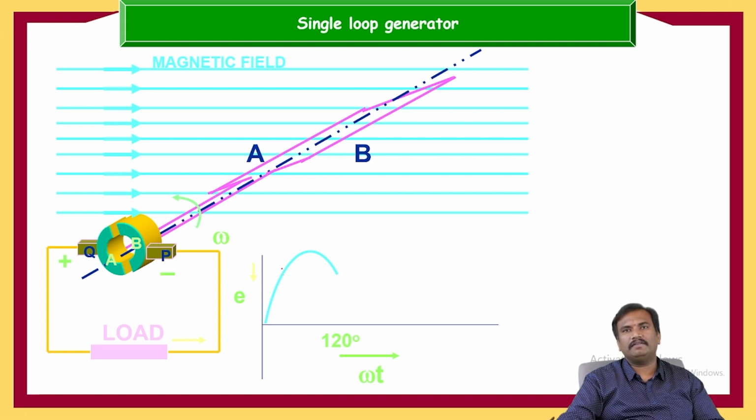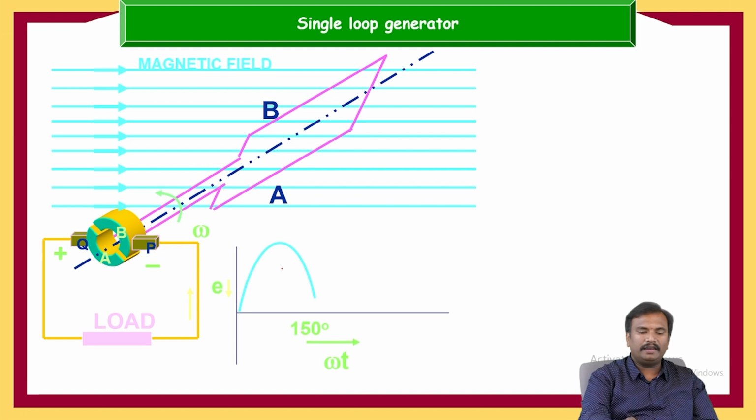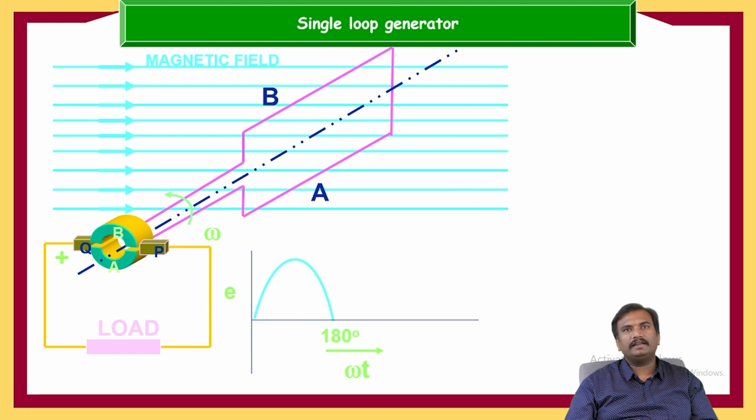When it rotates by 150 degrees, this is the same value as at 30 degrees. And at 180 degrees, the position is completely shifted, but we get 0 voltage, because the flux cutting is 0.